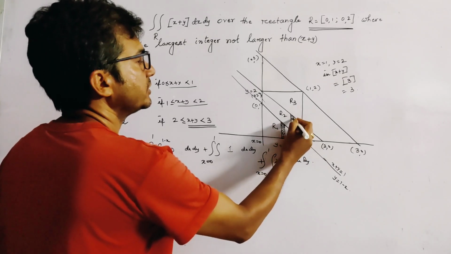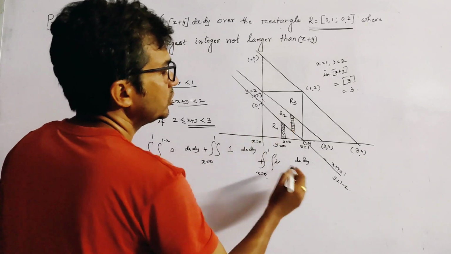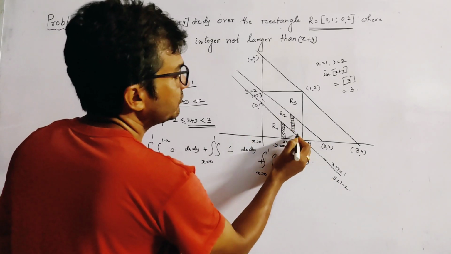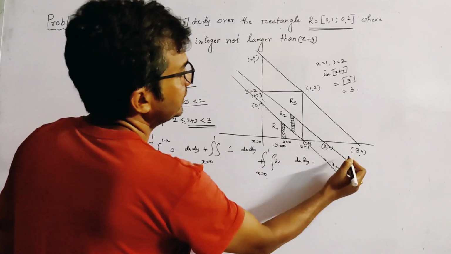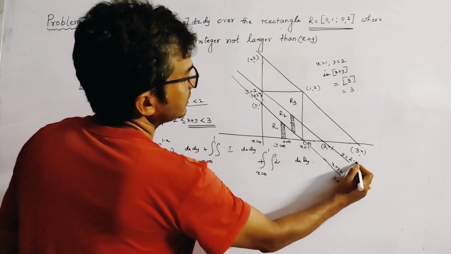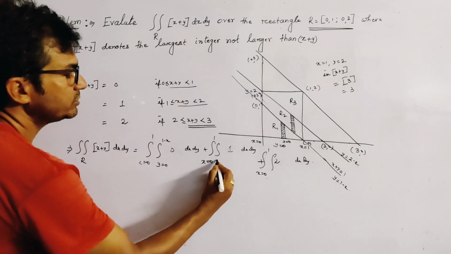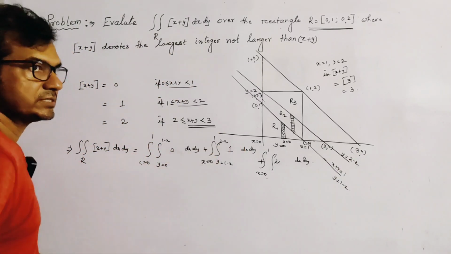If we draw a strip parallel to the y-axis here, this is the strip in the region R2. So for the region R2, the range of y begins from y equal to 1 minus x and ends at y equal to 2 minus x. So the range of y is 1 minus x to 2 minus x.